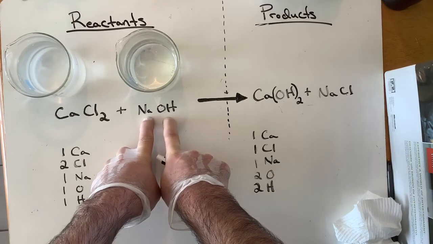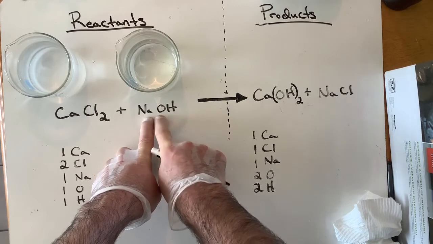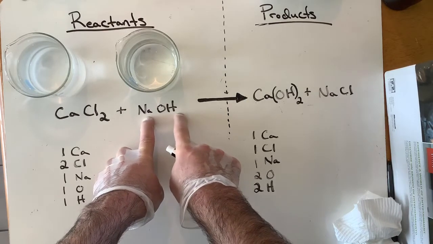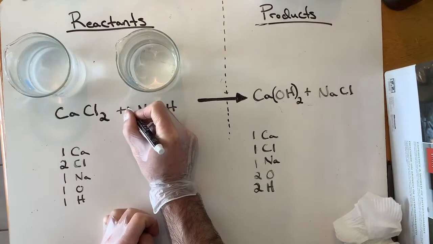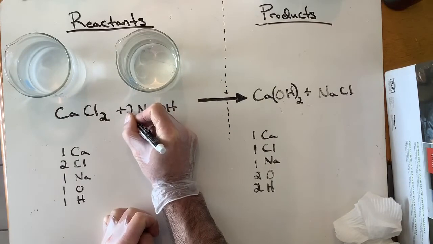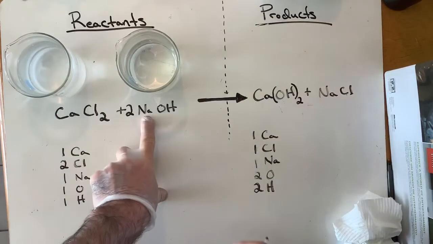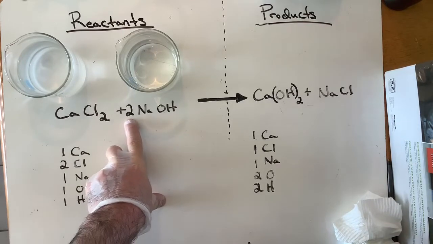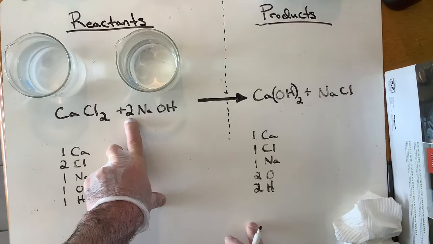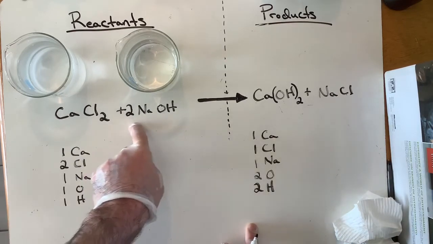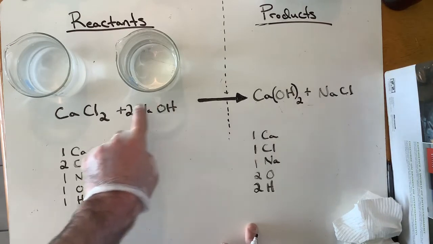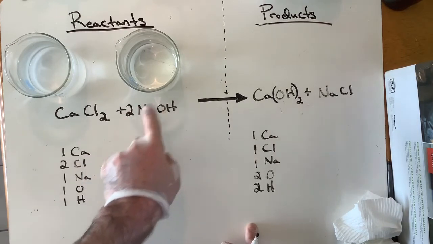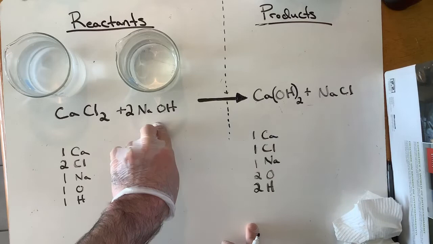So rather than just adding individual atoms, I could add another sodium hydroxide compound. This is what we call a coefficient. This is a large number that goes right in front of the compound and says, look, I've got two of these compounds, two sodium hydroxide compounds.